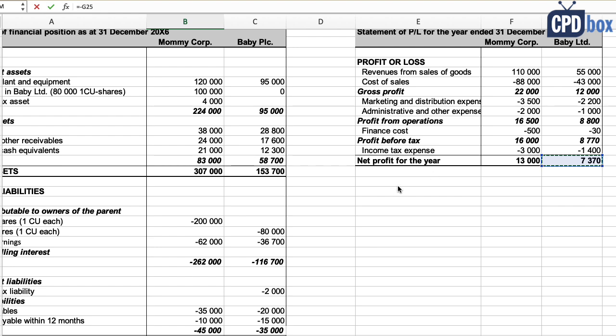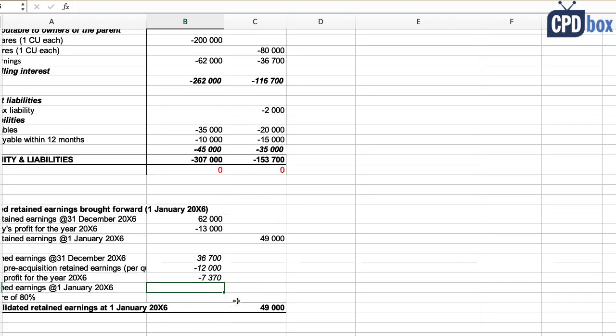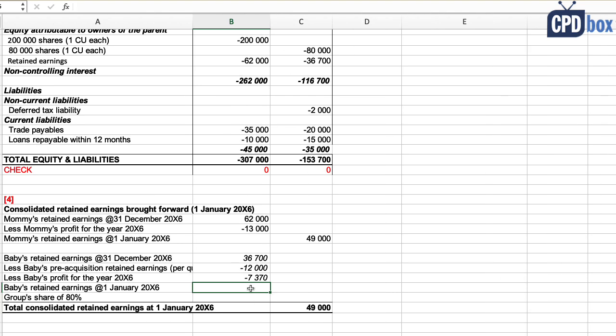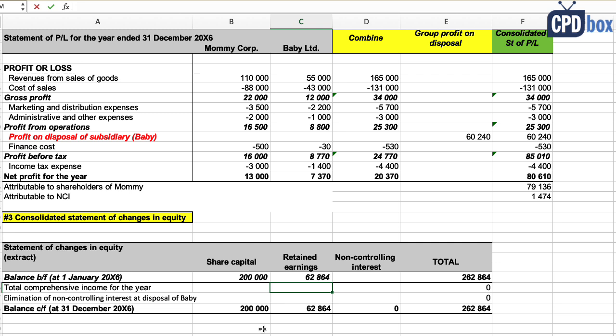And less baby's profit for the year 2006 per question or per profit or loss statement, 7,370, and it gives us baby's post-acquisition retained earnings of 17,330 at 1st January 2006, but we need to take only group's share of 80%, which is 13,864. Add those two numbers up and we have calculated that consolidated retained earnings in the beginning of the reporting period are 62,864. Let's bring this number to our statement of changes in equity.